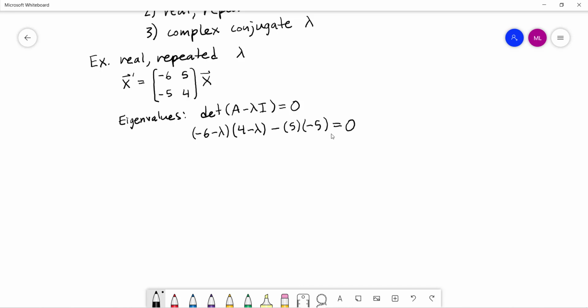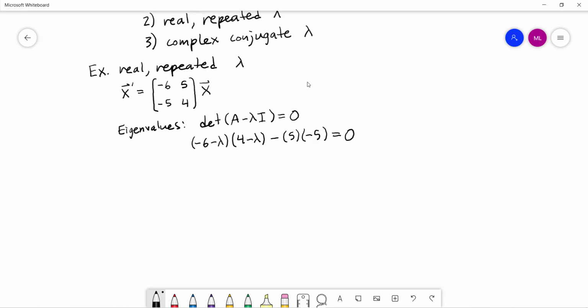So if you can't get this equation in your head, what it came from was the determinant of A minus lambda I, which is the following. We need negative 6 minus lambda, 5, negative 5, 4 minus lambda.